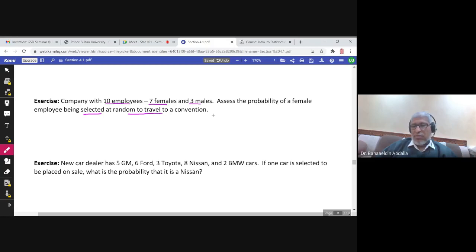So what is the probability of selecting one female from 10 employees? That's the question. So the probability of F, if F refers to females, would be, according to the classical method, the number of females over the total number of employees, which is 7 over 10.